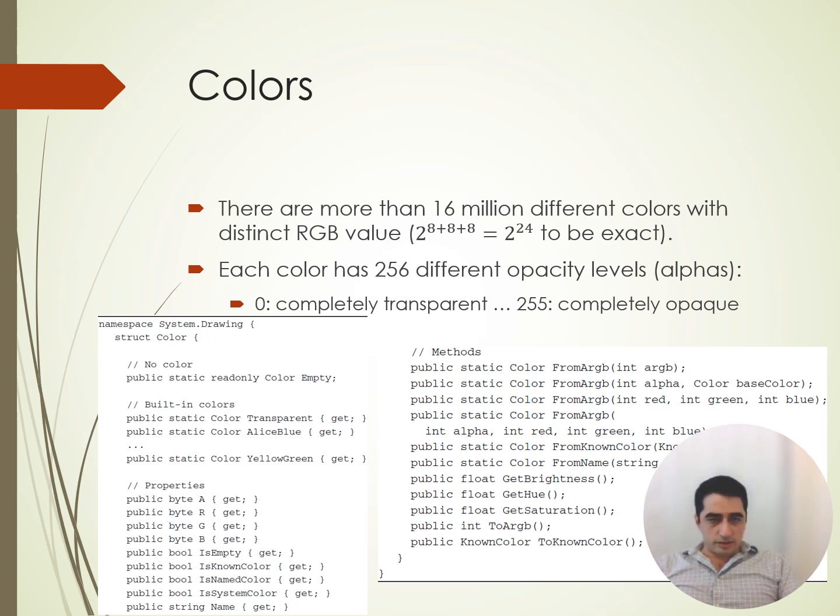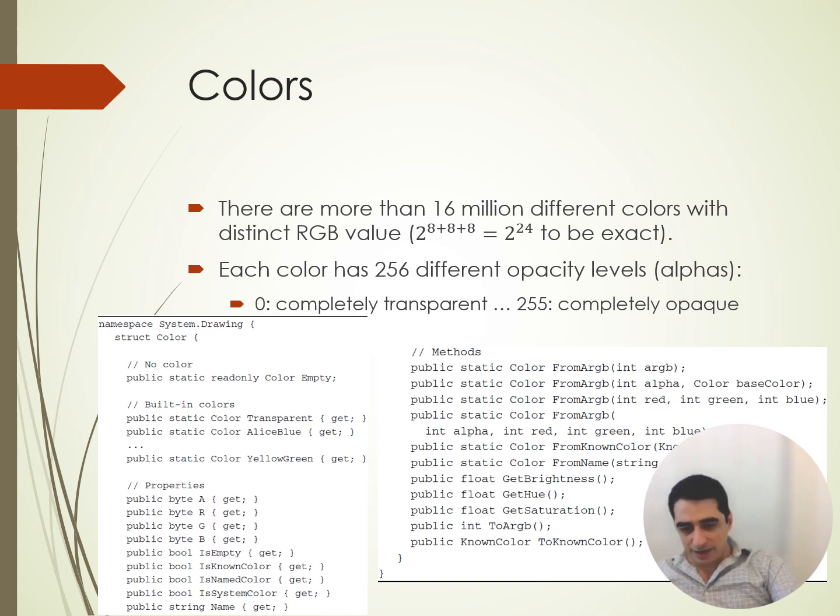Microsoft Windows Forms applications use the RGBA format for representing colors. So basically, they use 4 different separate intensities for the red color, the green color, the blue color, and for the transparency. Let me give you an example.